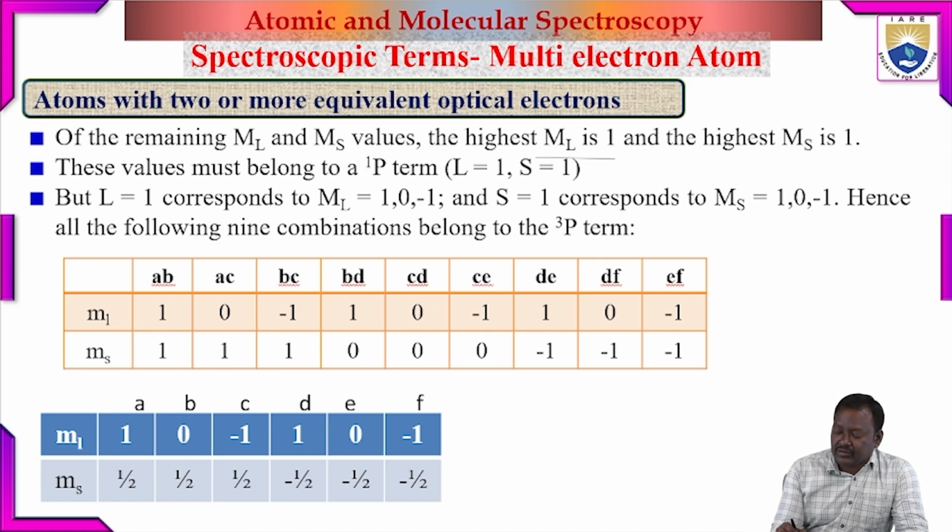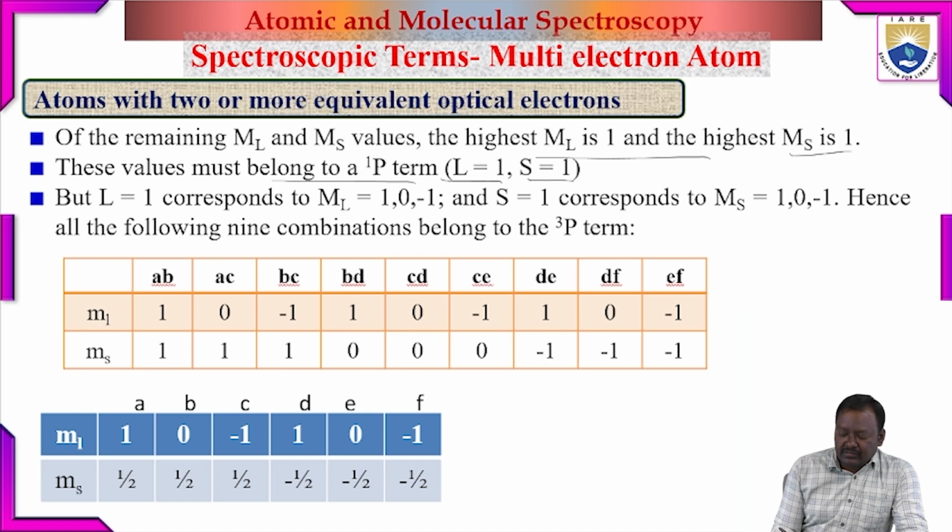The highest value of ML is 1 among the remaining combinations, and if we take MS equal to 1, then these values must belong to the 3P term, because L equal to 1 and S equal to 1.